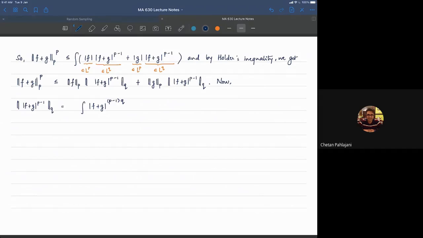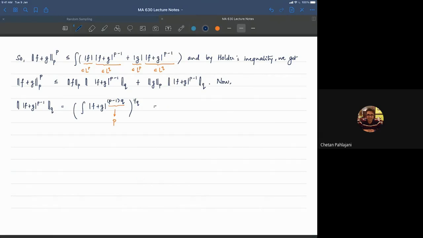Then I'll integrate it with respect to mu, and then I'll take the qth root. And now you remind yourself that p minus 1 times q is just p. This we had on the last page.